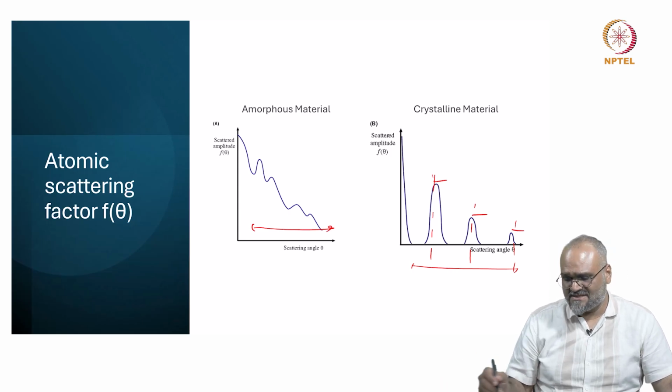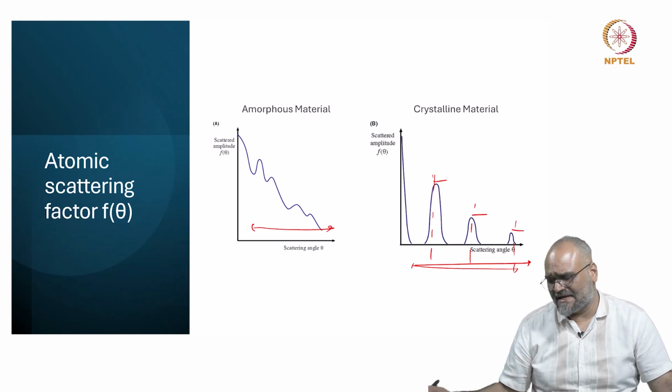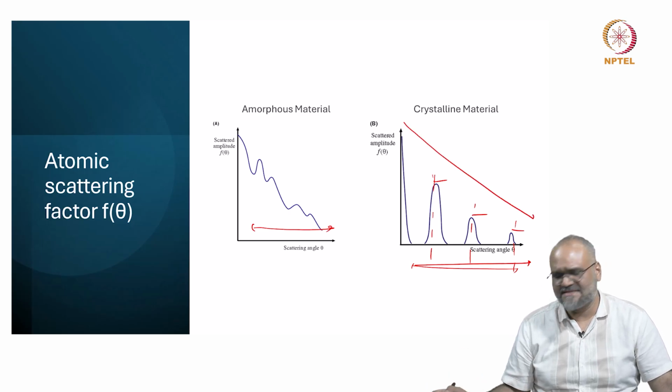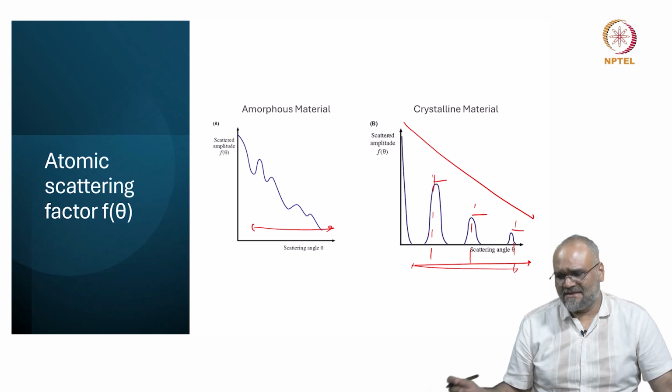Also, as you can see, if I go very far away and for larger angles of scattering, the intensity also dies down, and this is what is reflected in an electron diffraction pattern.